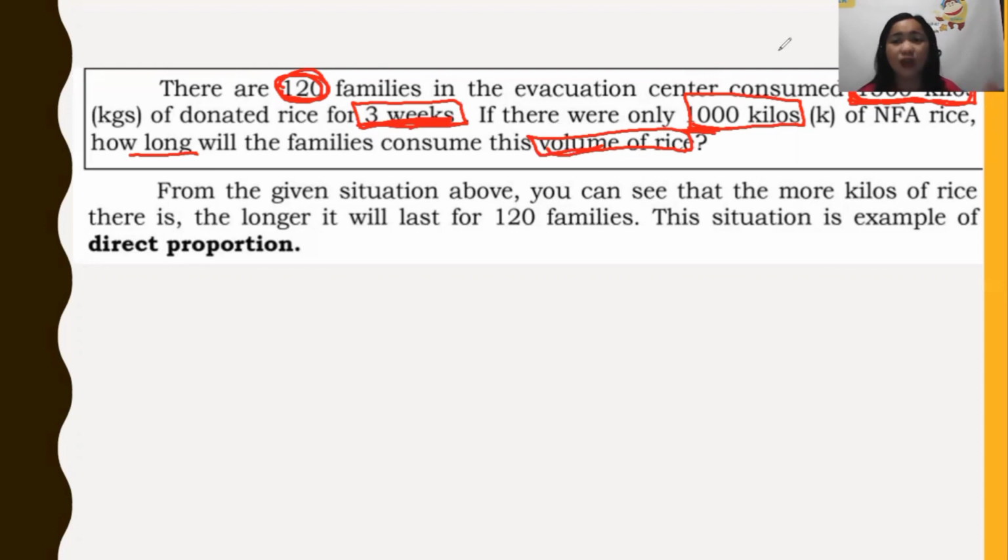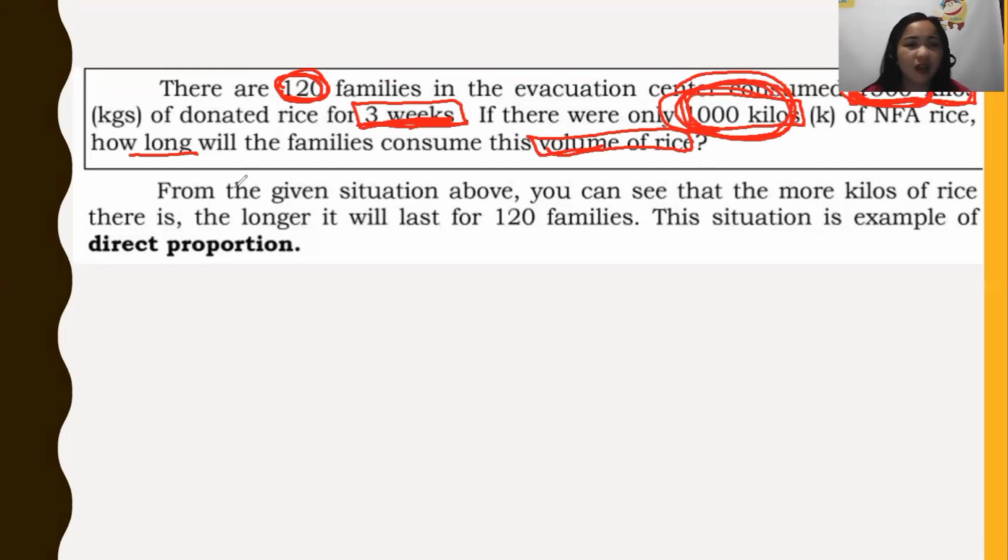So imagine, kung 1,500, 3 weeks nila nauubos. Siyempre, kung 1,000 lamang ito, anong mangyayari? Mas bababa, tama ba? Mas mabilis nila itong mauubos. Dahil bumaba yung bilang ng bigas, siyempre, bababa rin yung bilang ng weeks na mauubos nila ito.